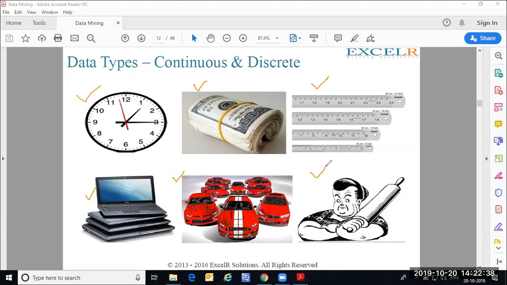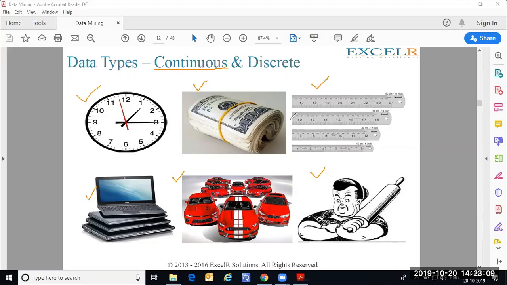So if we can represent something in the format of decimals, and it makes sense and has some meaning associated with it, that's called a continuous data type. For example, time, currency, length, height, weight.